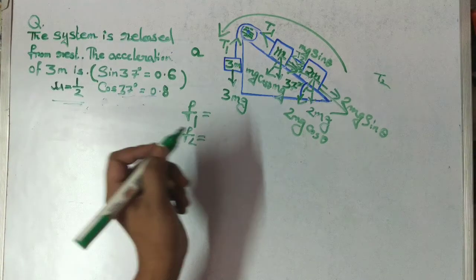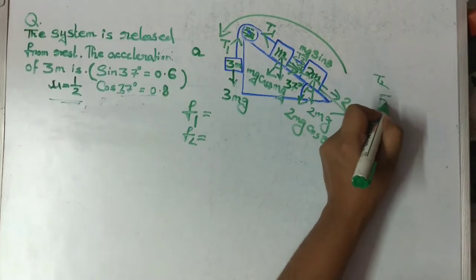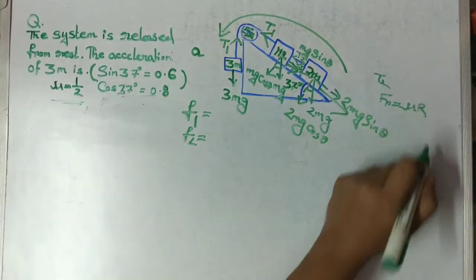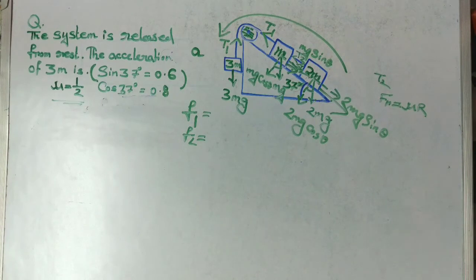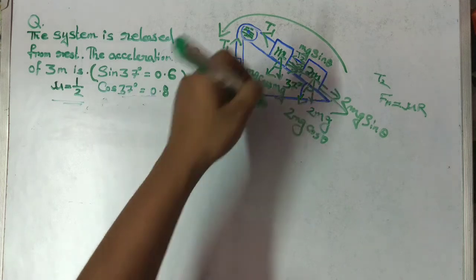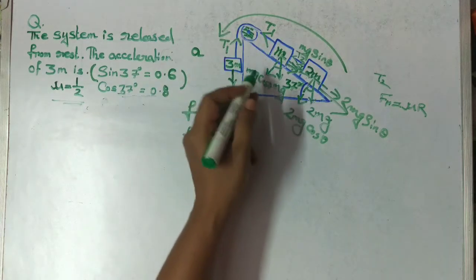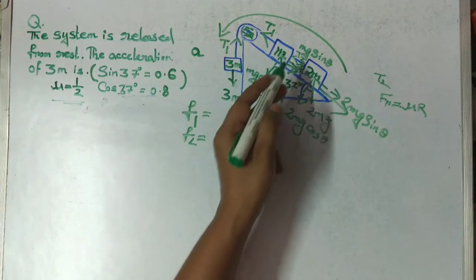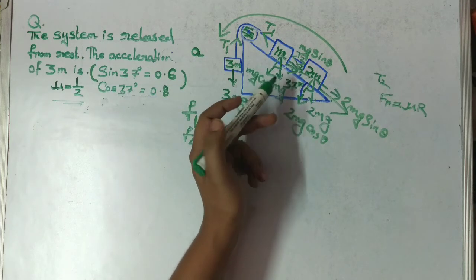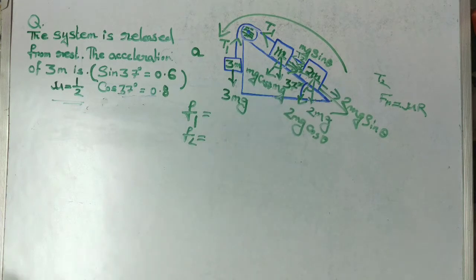Now we know that frictional force Fr equals mu into R, where R is the reaction force. So here, what is the reaction force? As this is an inclined plane, mg cos theta is working downward and perpendicular to the inclined plane.